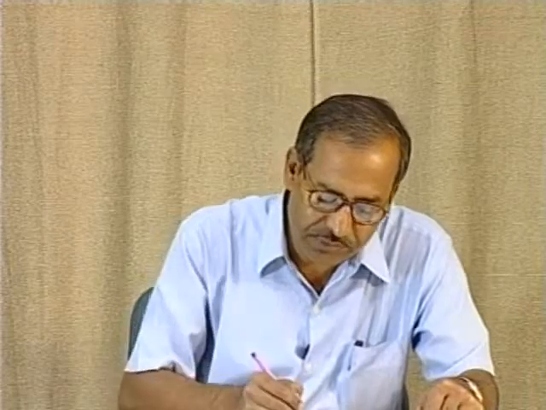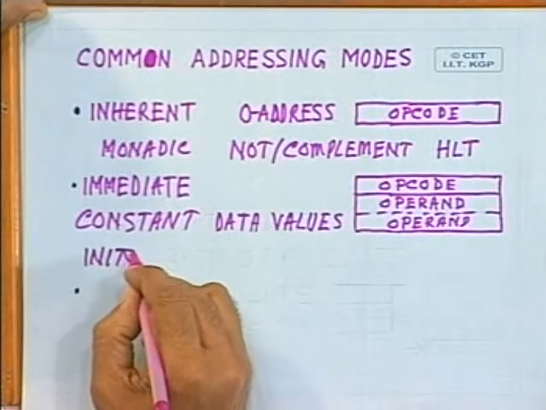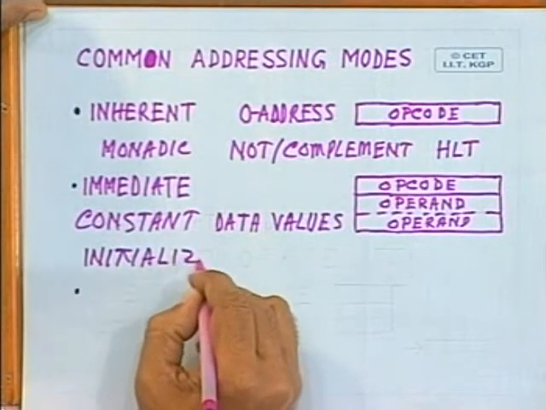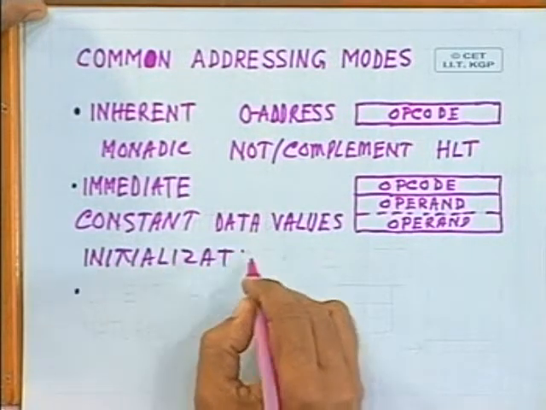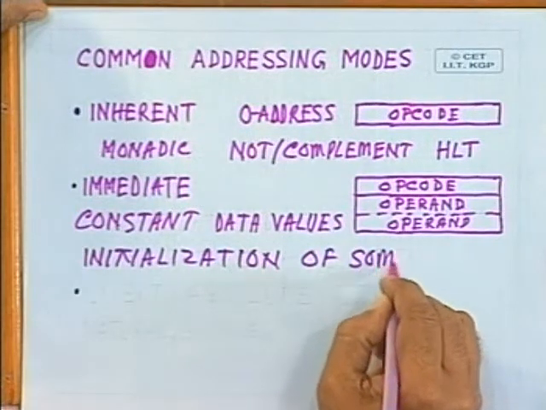For example, you want to loop 100 times. You have to initialize a register with the value 100. Then also this immediate mode of addressing can be used. So it can be used for initialization of some register.